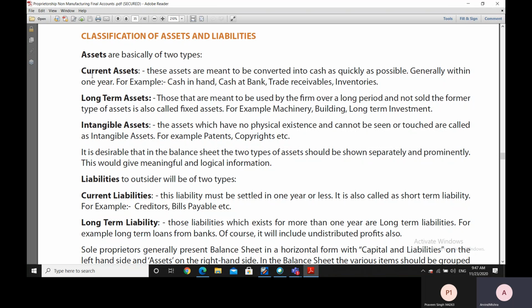So all those assets which can be converted into cash within 1 year, they are like cash in hand, cash in bank, trade receivables, inventory, etc. So these are the current assets.